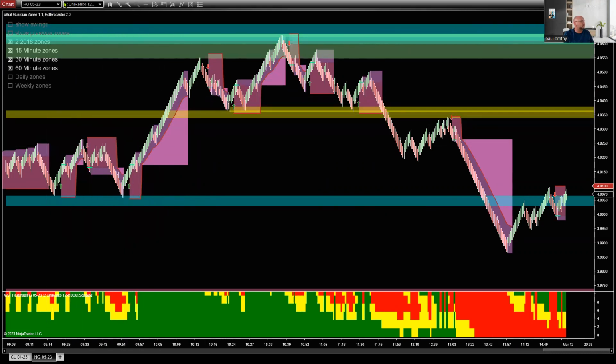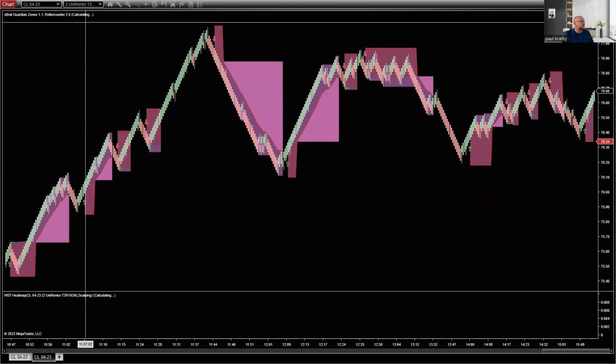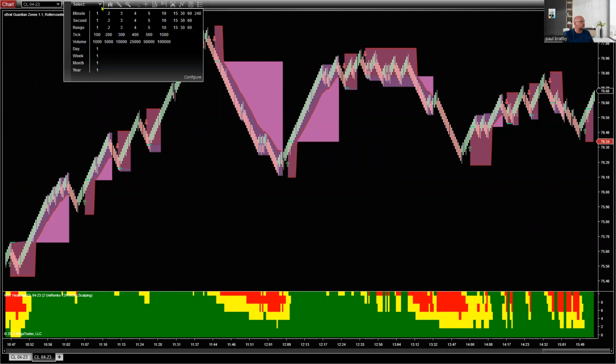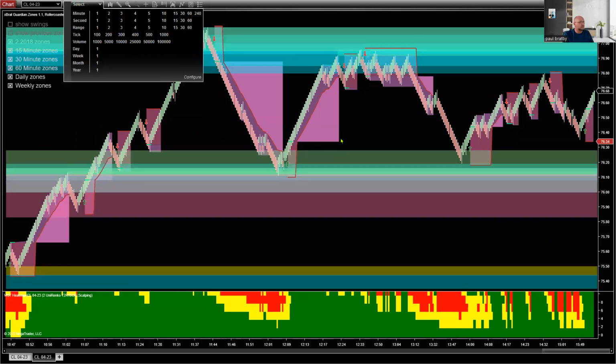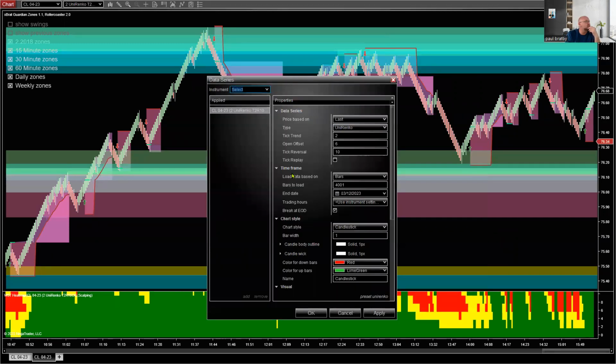Okay, so let's go back to CL. 226, wow. Okay, they're big bricks, they are. So these were the 135 and whatever they were scalping. This is not scalping. So go to data series 226, 3310, 4416.